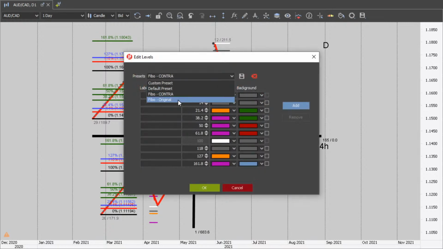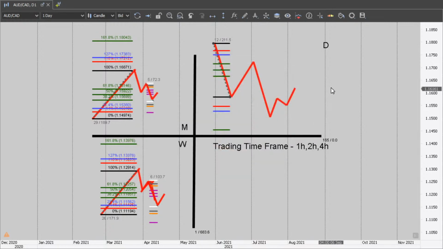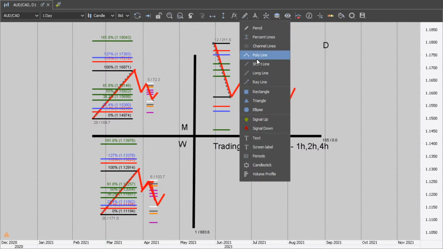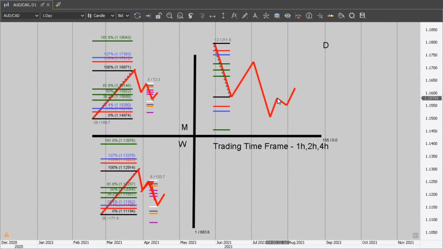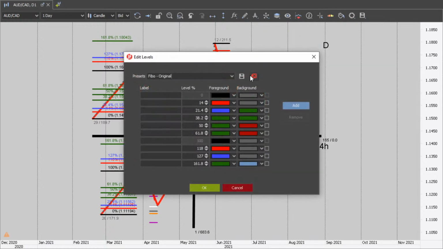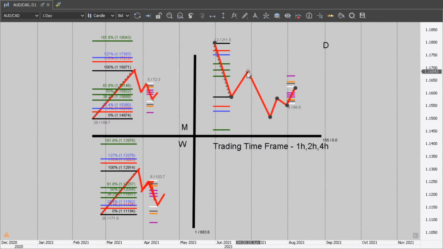Edit levels, Fibonacci original one, and we are going to have the contrarian Fibonacci retracement, contrarian, something like this, maybe something in here, right? Something like this. Edit levels and Fibonacci contrarian, and this is going to be something like this.